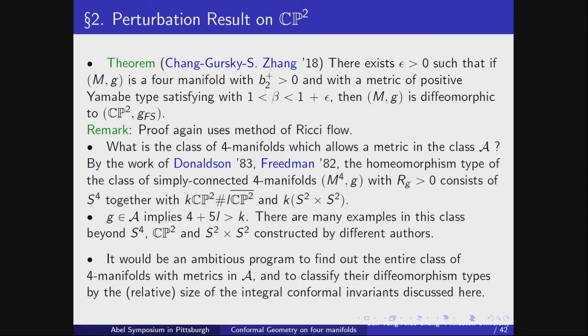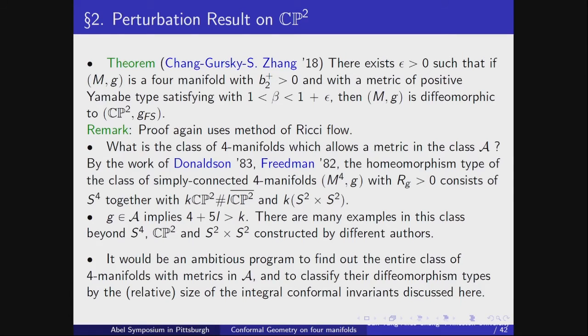They classify all such manifolds, and that includes S4, connected sums of S2 cross S2, or connected sums of CP2 with the conjugate class of copies of CP2, plus minus. One is B2 plus equal to Schoff dual, the other is anti-Schoff dual. When G is in A, one knows there is a constraint of 4 plus 5L.